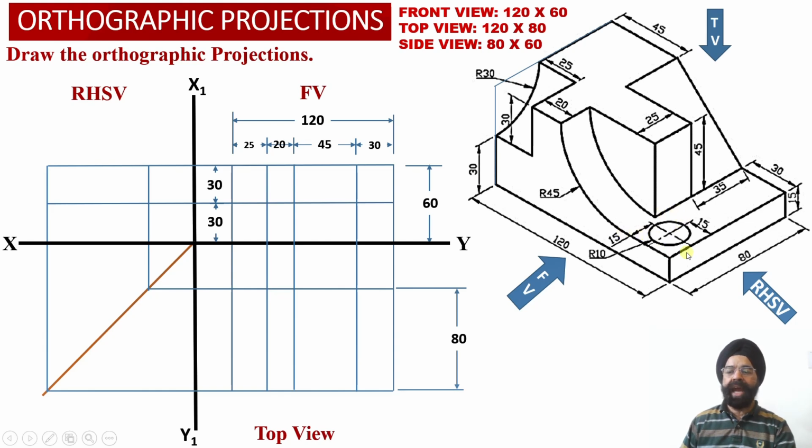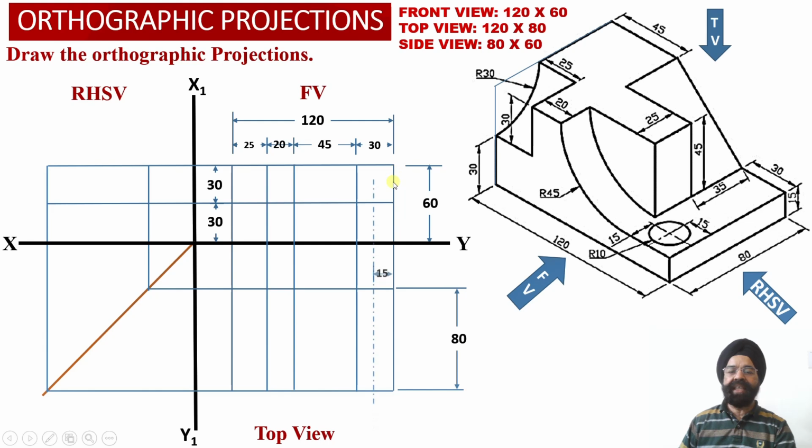Now we also know that onto this horizontal web, at a distance of 15 millimeter from the right hand side face, we have been able to obtain the center point corresponding to the circular hole having radius equal to 10 millimeter or diameter equal to 20 millimeter.